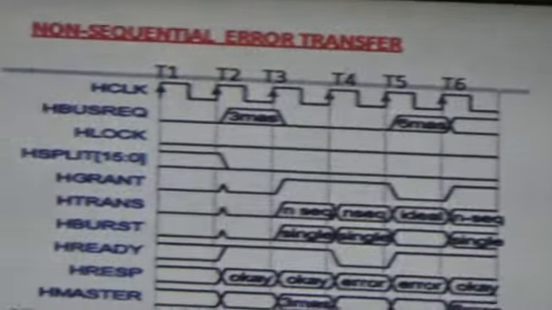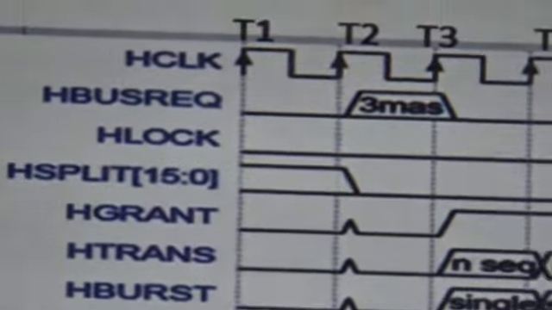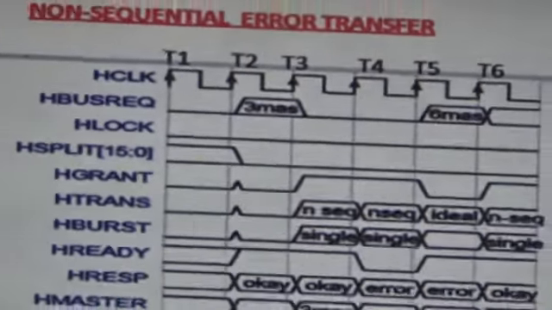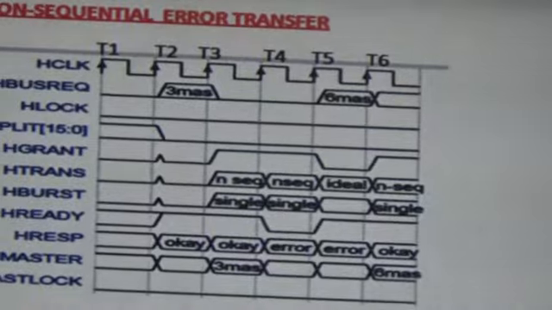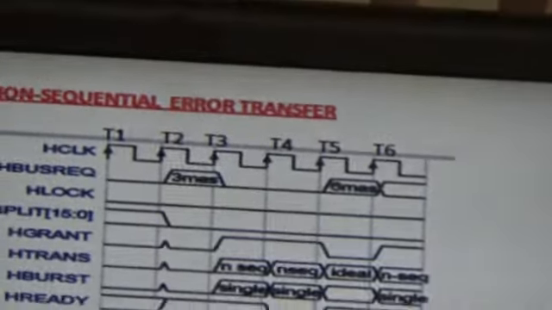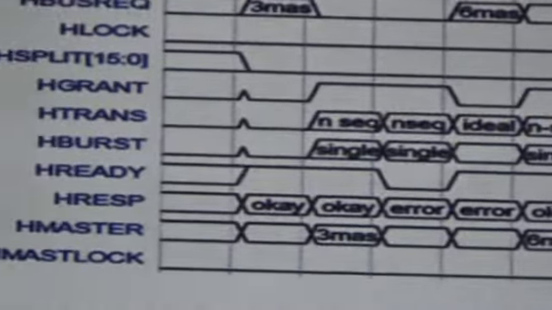Here we have 6 clock cycles. In T1 clock cycle, HGRANT is low, which tells us the bus is free. At T2 clock cycle, the third master has requested the bus, and at T3 clock cycle, the third master is given access to the bus. Since the third master has been given access, all the control signals are sampled here. The HTRANS of the third master is non-sequential and HBURST is single.